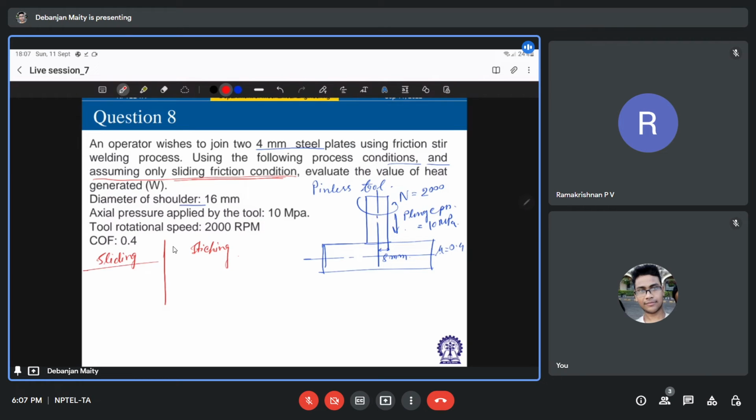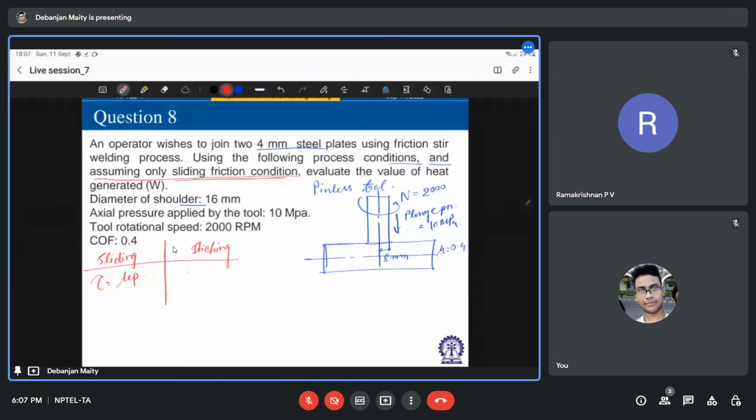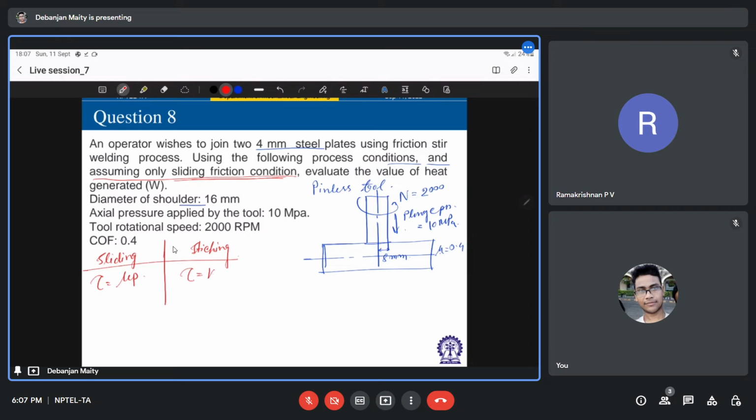For sliding friction, the shear stress will be mu p. And what will be the sticking condition? This k. K is called your shear yield stress, which is sigma y by root 3. So here you need to use this formulation of tau equal to mu p.